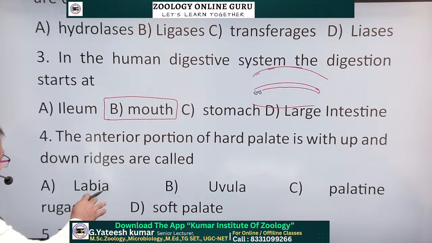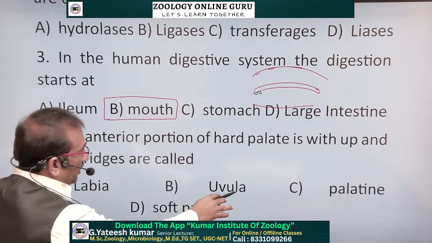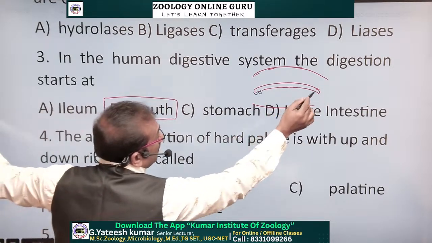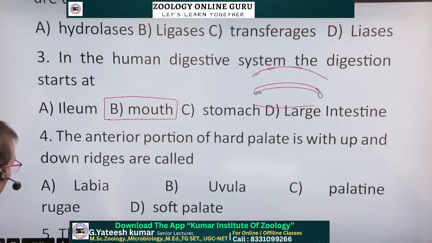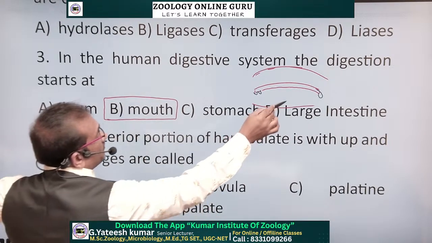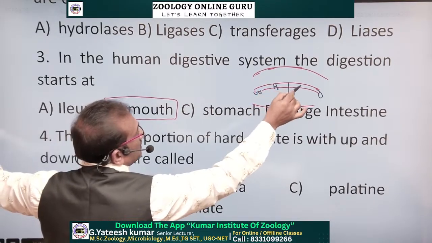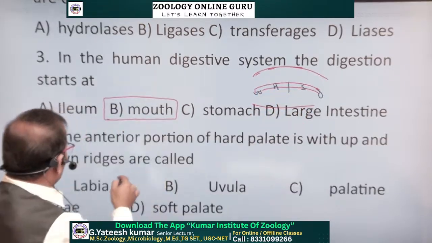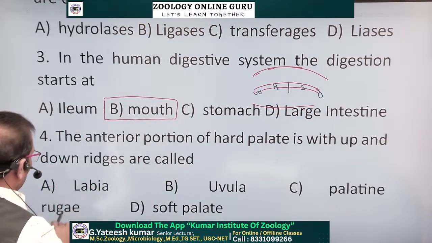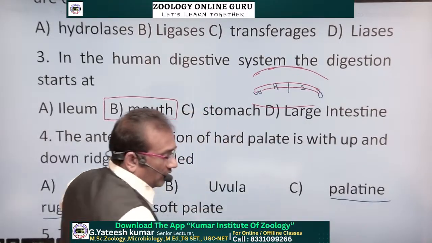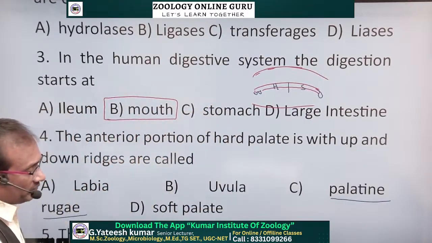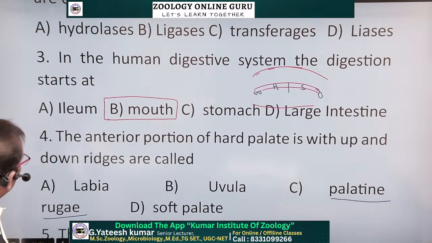Labia means lips. Uvula is the posterior part of the soft palate. This is the soft palate and this is the hard palate. But asking about the ridges, they are called palatine rugae. This is the answer for question number 4, palatine rugae.